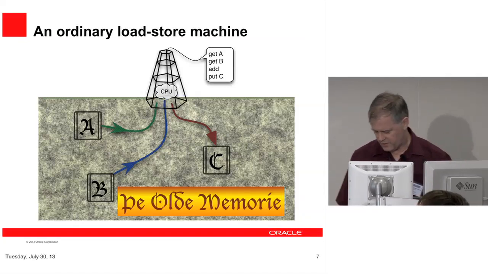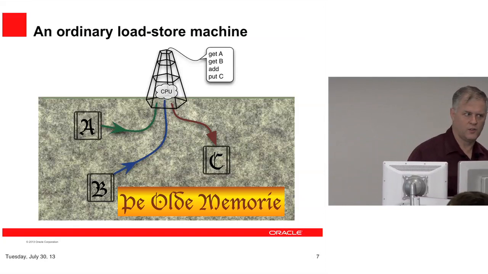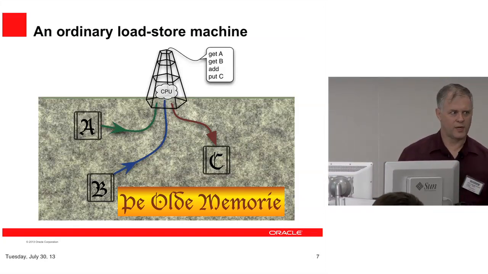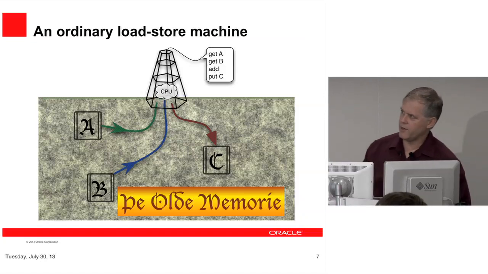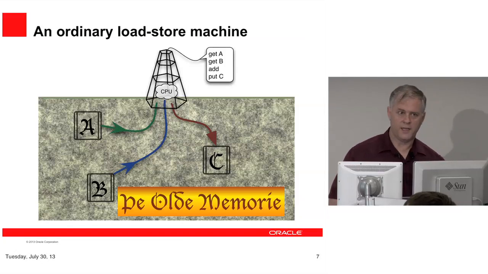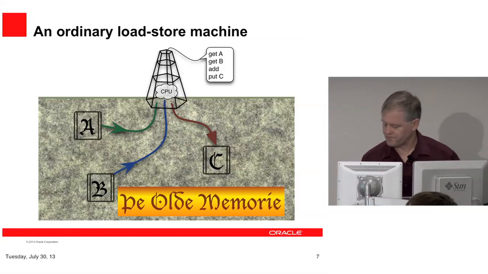The memory here so far is very old-fashioned. There's one port to it, and you can do one thing at a time, and there's just one central processing unit, and that central processing unit definitely is very central, and he feels like he's the top of the world. He's got the title to the whole estate, and he's pumping all the oil there is to pump.